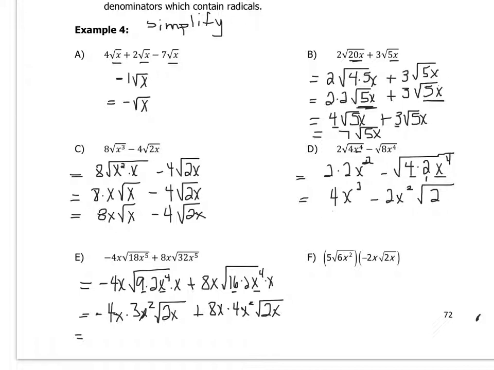So if we multiply the terms out front together, this becomes negative 12, x times x squared is x cubed, root 2x, plus, next one would be 32, x cubed, root 2x.